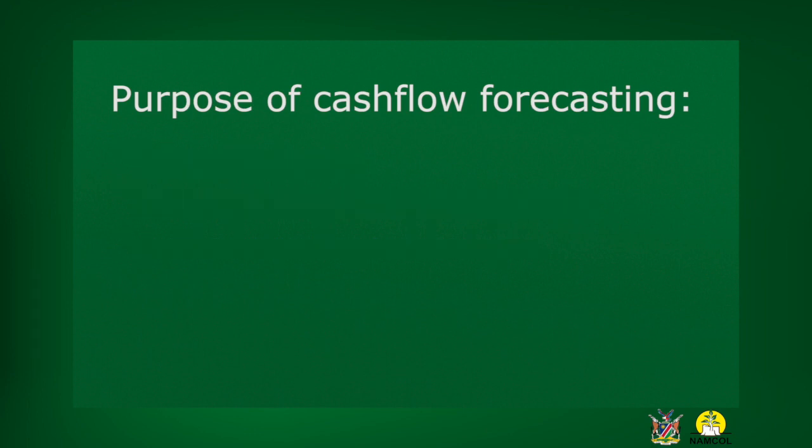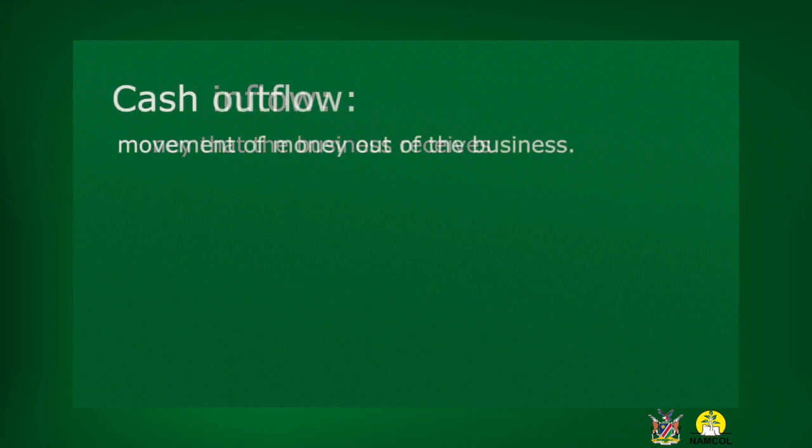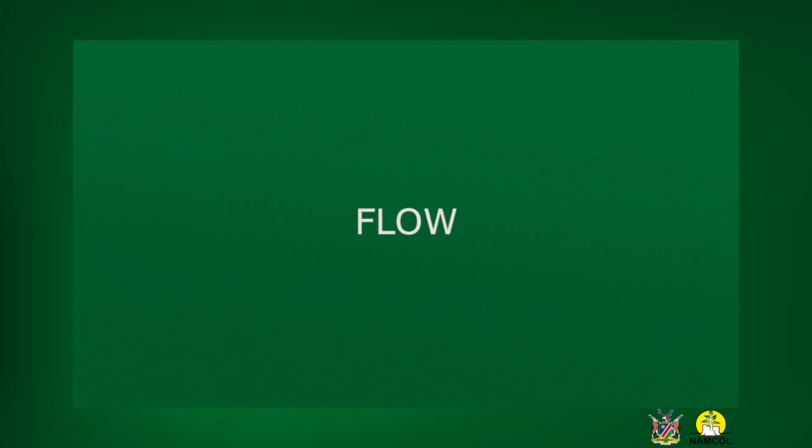But did you hear the term inflow and outflow of cash? Indeed, cash in an enterprise flows in and out. Cash inflow refers to the money that the business receives. Cash outflow refers to the movement of money out of the business. From where does the money flow into the business? And where does it flow out to?